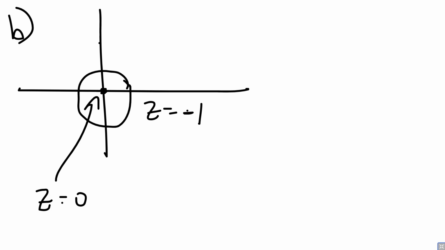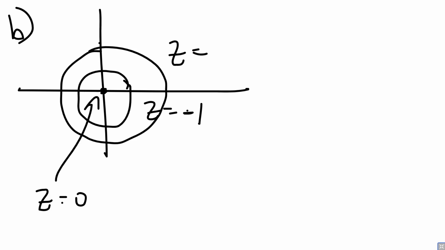Then we're going to have another circle with a radius of 2. That would be that z is equal to what? So if we've got a radius of 2, what would be the value of z?